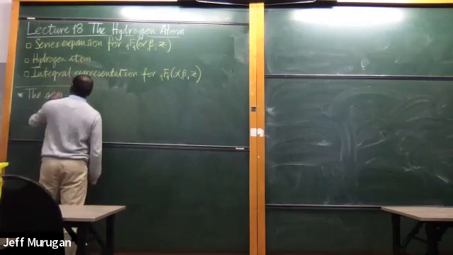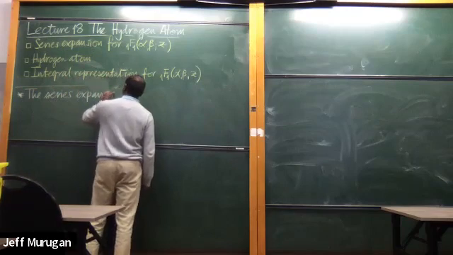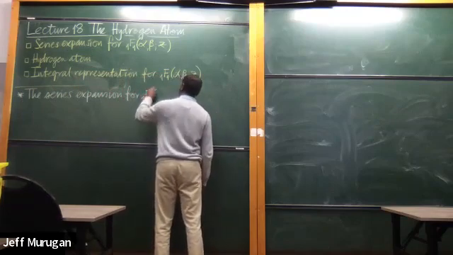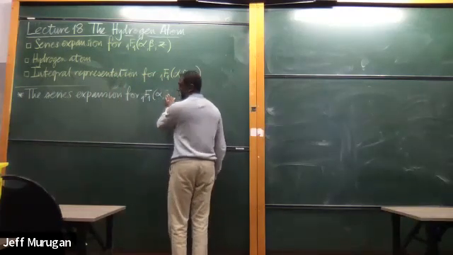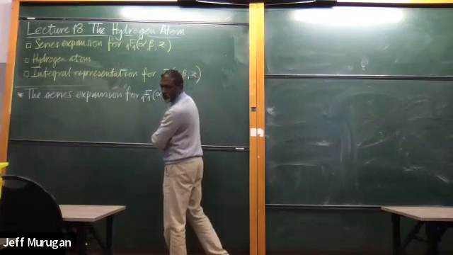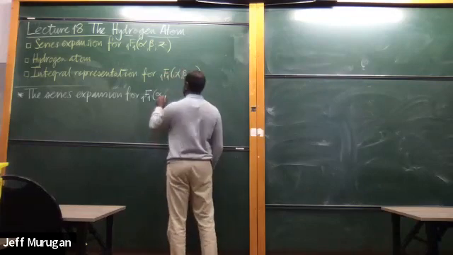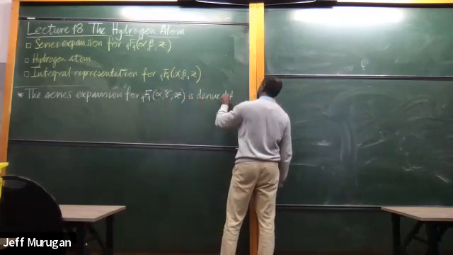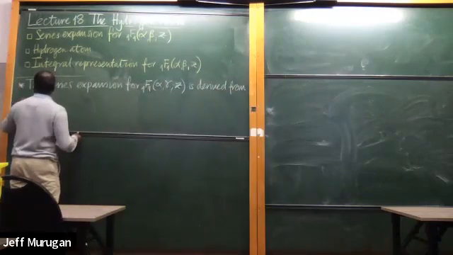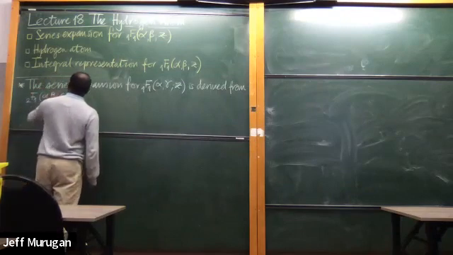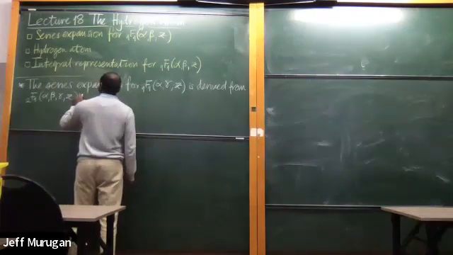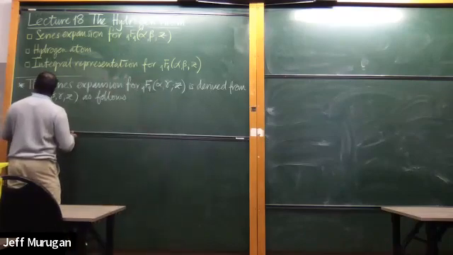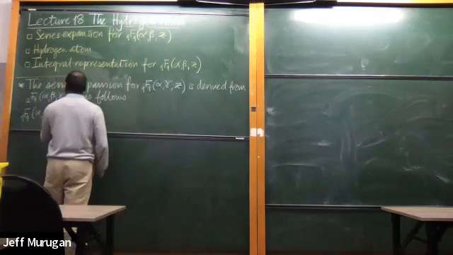So the series expansion is as follows. We know that 1F1(alpha; gamma; z) is the limit.